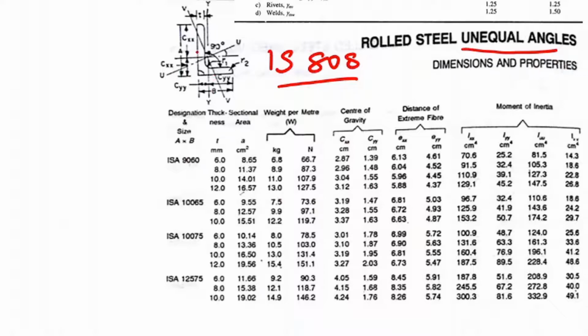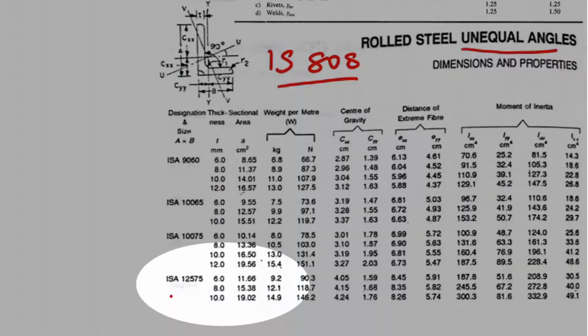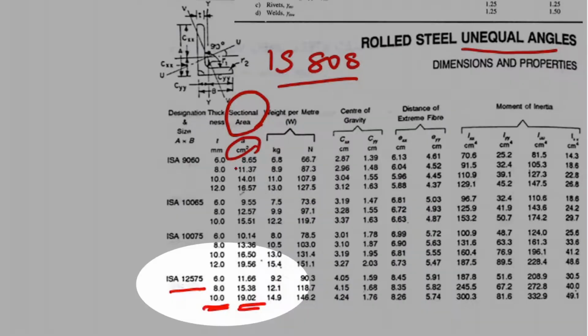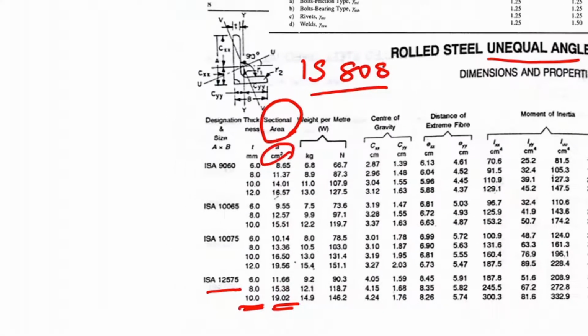The legs are not of equal length, and the section is here ISA 125 by 75, and the thickness is 10 mm. For that thickness, the cross sectional area is 19.02 centimeter square. As of now, we need to know only the area. So we are going to take this 19.02 centimeter square for our numerical.